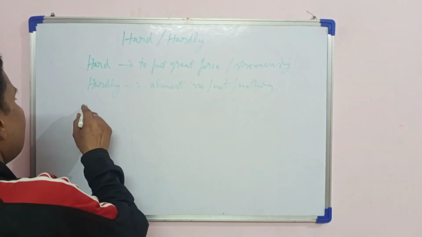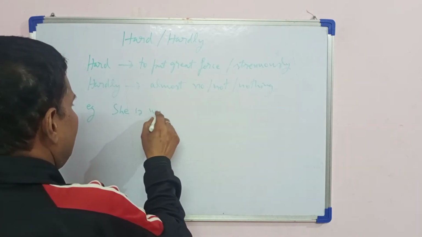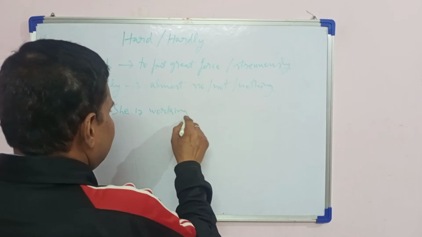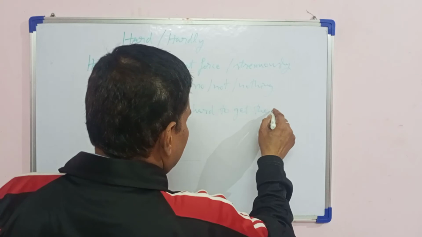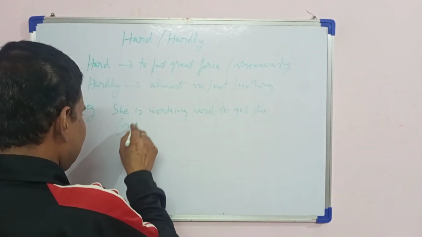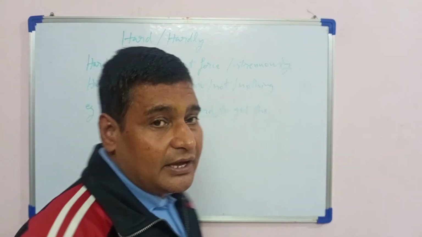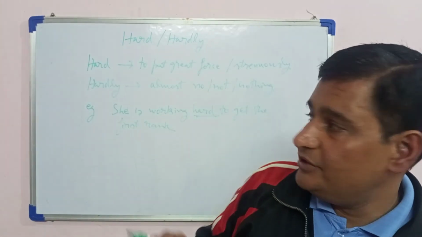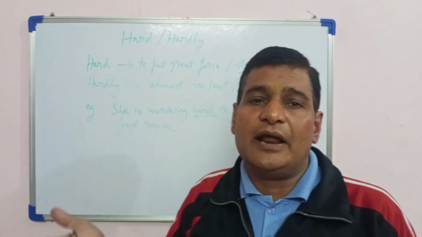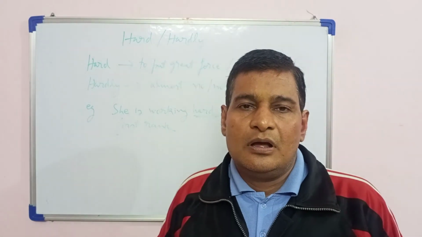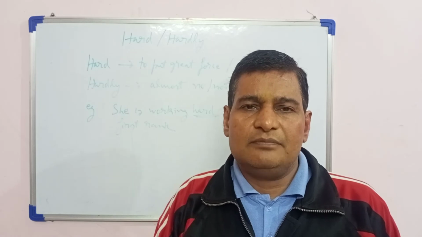For example, she is working hard to get the first rank. Before I proceed further, you should understand that hard and hardly are both adverbs, and you all know what adverbs are.